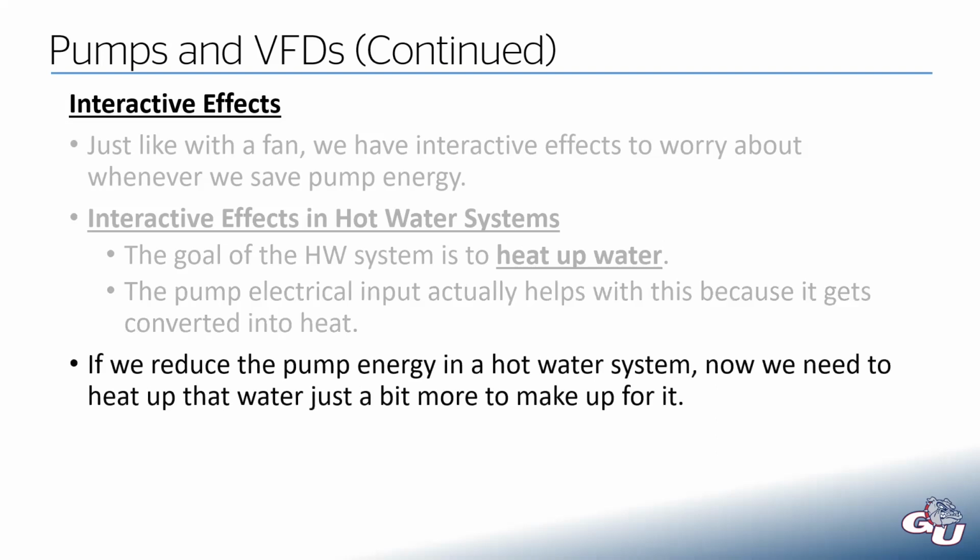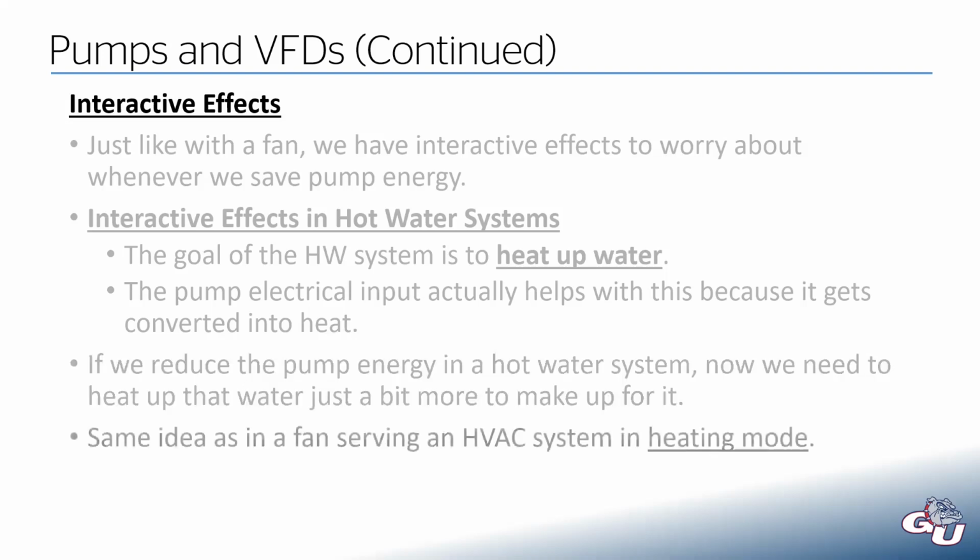And so if we reduce the pump energy in a hot water system by turning it into a variable speed pump and we slow it down when we don't need all of that flow, now we have to heat up the water just a little bit more to make up for that energy that we're no longer putting into the water. So it's the same exact idea as a fan serving an HVAC system when it's in heating mode and it's actively calling for heat.